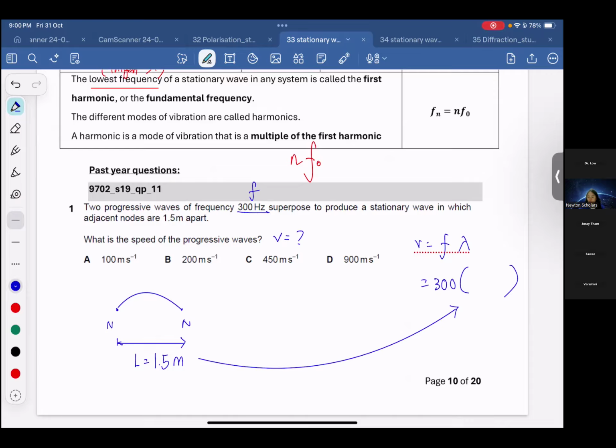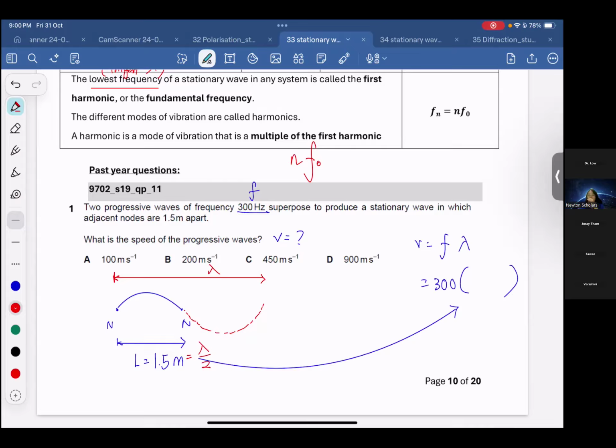Correct, Wesley. Good job. How about others? Correct. Okay, so boys and girls, if I continue drawing, this is one complete wave. So the 1.5 meter is only half a wavelength.